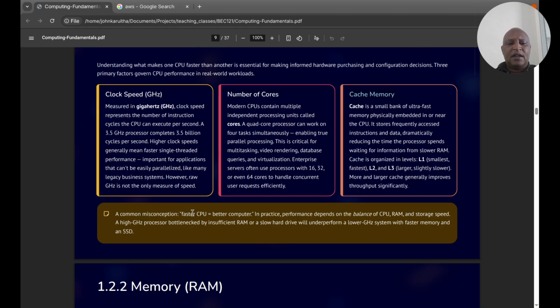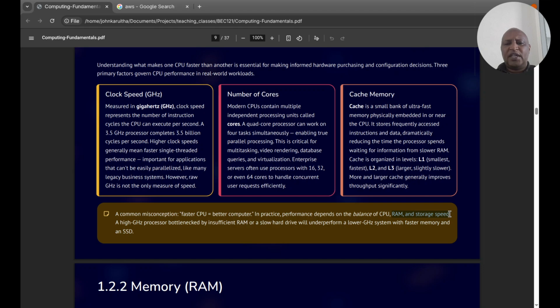However, a faster CPU doesn't mean it is a better computer. So a good computer will depend on the balance of the CPU itself, the RAM, and the storage speed. So you can have a computer with very high clock speed, but your storage speed is low. We are going to look at what we call storage speed. And if your RAM is small, then you are going to have problems still.